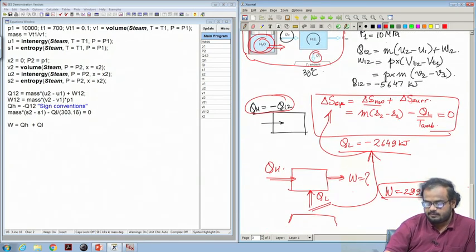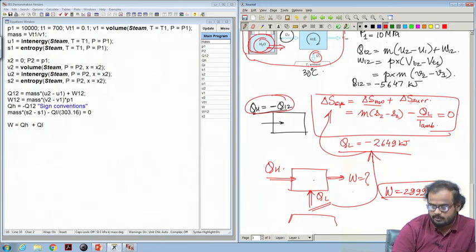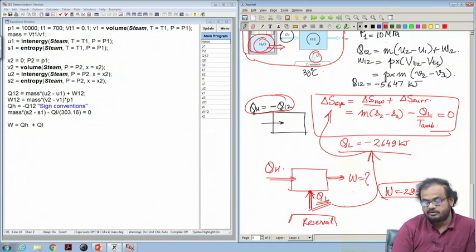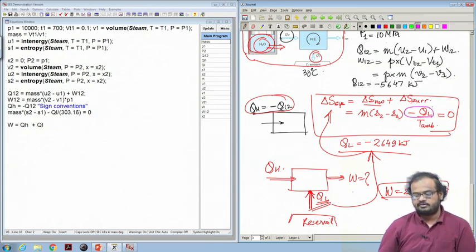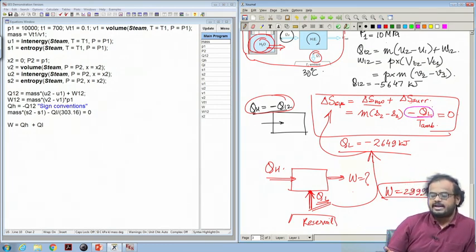Okay. Then if for this entire control volume we had some amount of heat QL entering into the control volume, then the reservoir is actually losing an amount of heat. So the reservoir has a heat transfer of minus QL, which is appearing in the entropy equation. So minus QL by T ambient is the delta S for the surrounding.